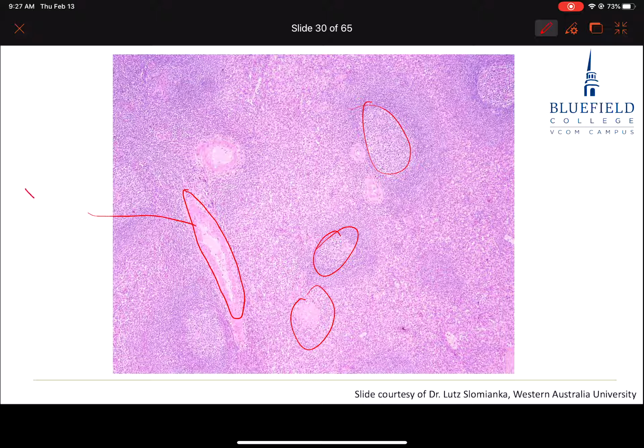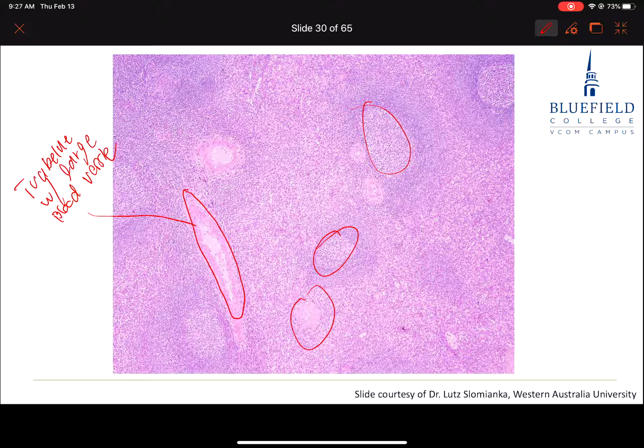Connective tissue trabecula right here with a large blood vessel in it, which wants to make me say spleen. The other thing is these nodules are not just underneath the capsule, like they would be if it was a lymph node, nor are they packed real tight. They're kind of diffused. They're not packed tightly in there, are they? Like they would be when they're tonsils.